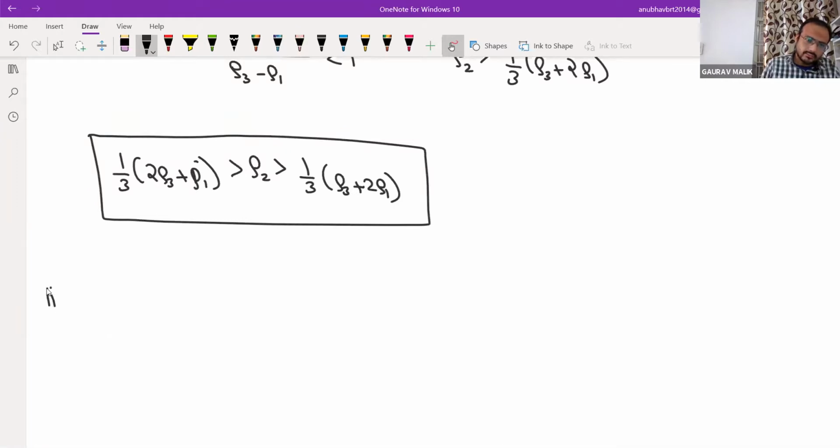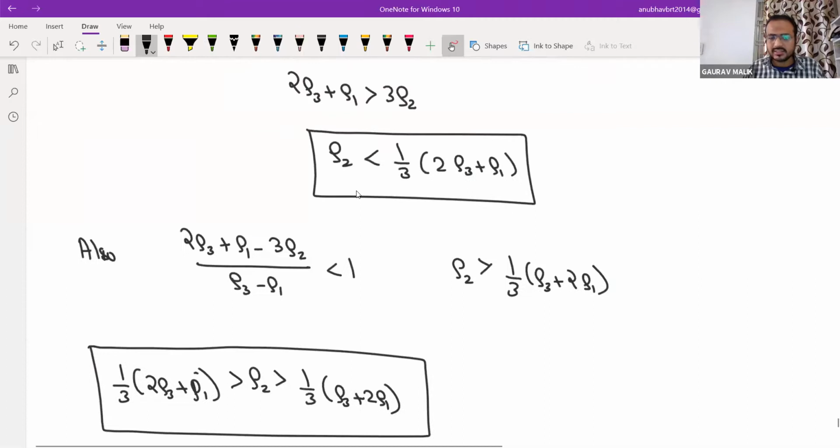Now second part. In the second part, the relative densities of first and third fluid are 1 and 2. Now you are able to solve this very easily, because this is the trickiest one.